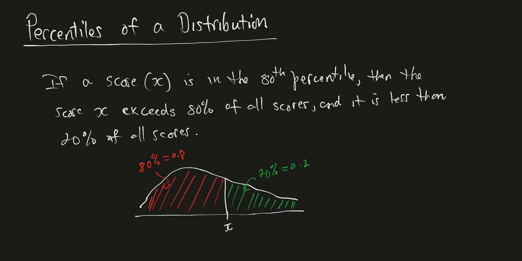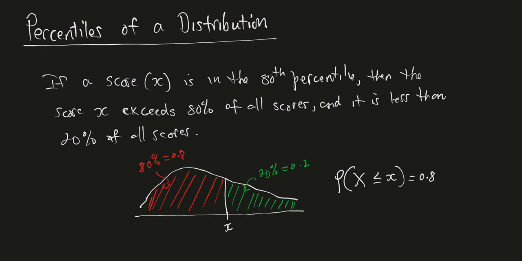So what that means in the context of probability is that the probability that my random variable is less than or equal to this x, again, if my x represents the 80th percentile, will be 0.8, because this probability corresponds to the area that's to the left of this value.